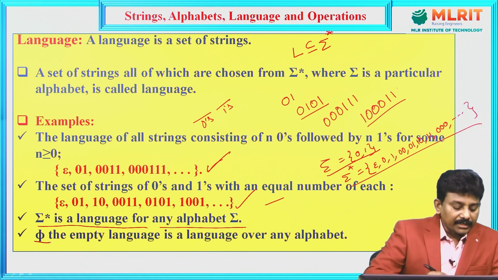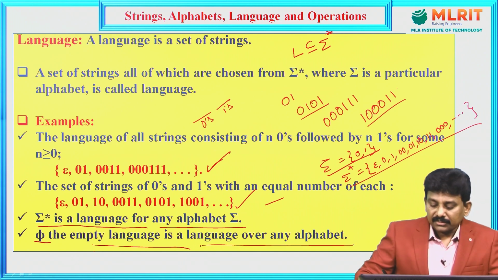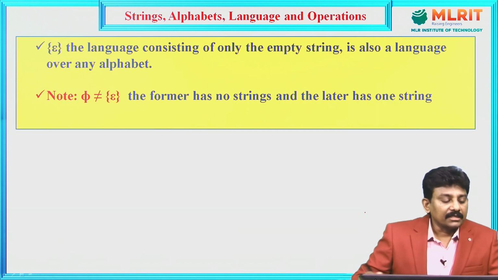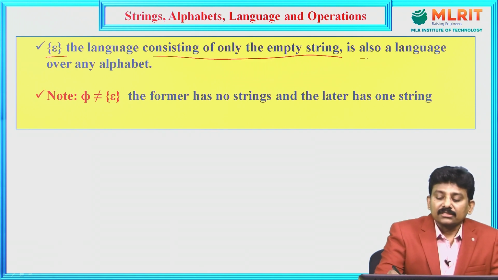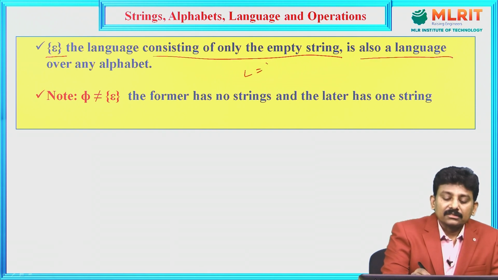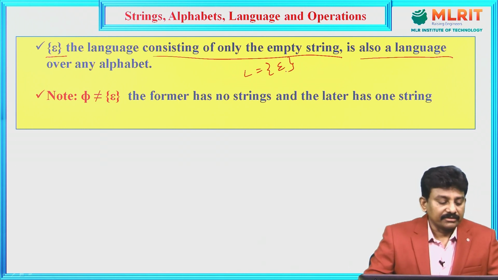Then phi is the empty language. Phi is the empty language over any alphabet, that is, a set with no string. Phi is the empty set, that is, no string. Then epsilon, the language consisting of only the empty string, is also a language. So L is a set with the empty string, which is also a language.